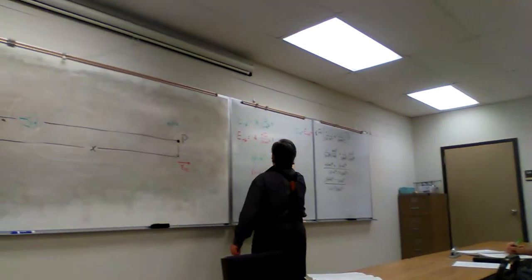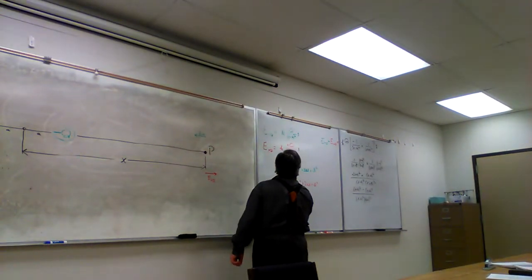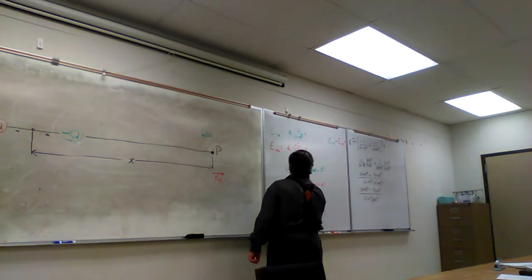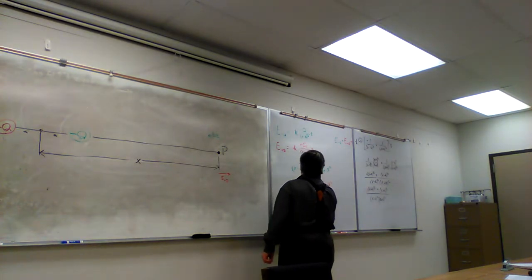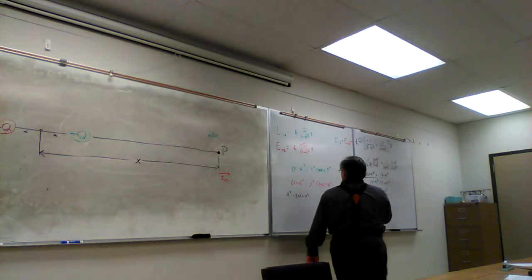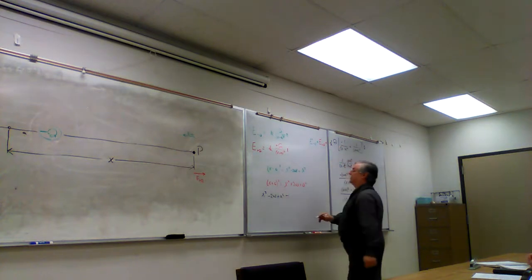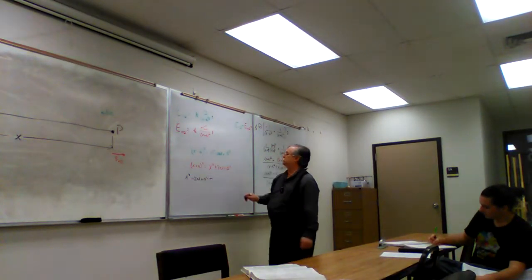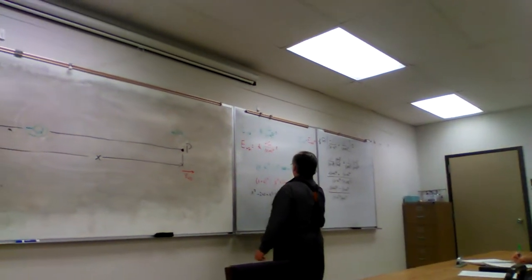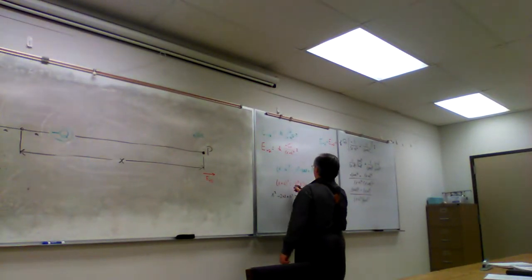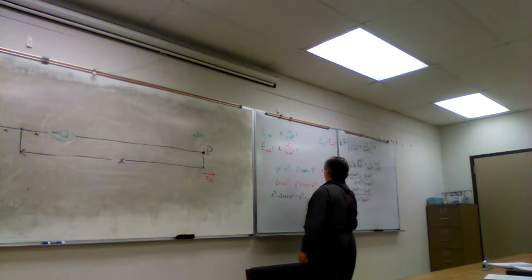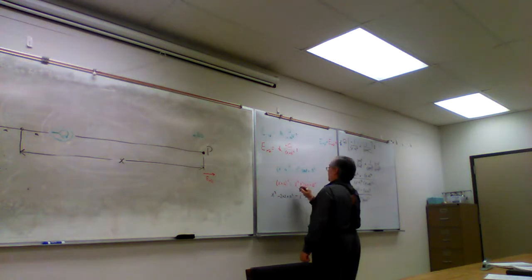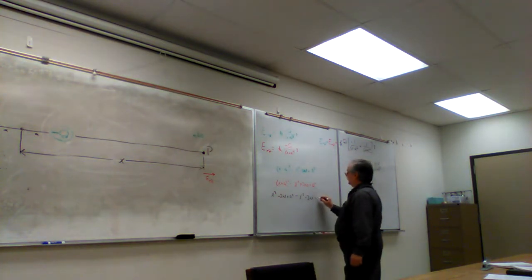(x minus a) squared is x squared minus 2ax plus a squared, minus (x plus a) squared, right? So I'm minus x squared, minus 2ax, minus a squared.